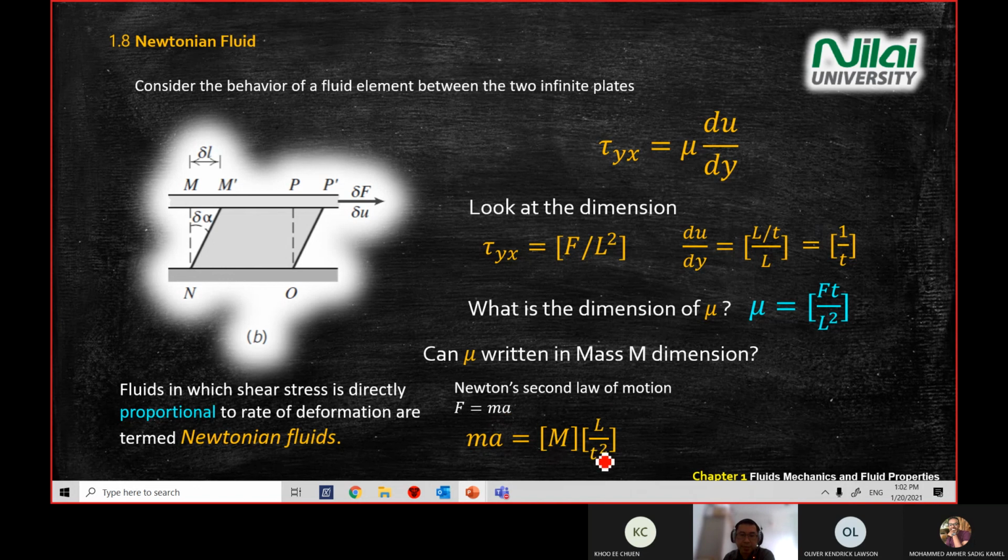Acceleration is length divided by time square. So we can convert. If you pull this term inside here, you get your mu in terms of mass divided by LT. Just a conversion of dimension.